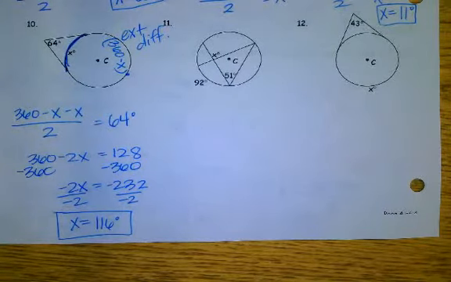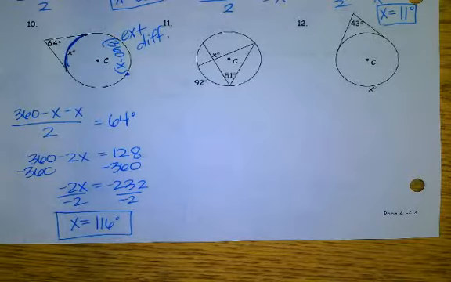Yes? Is it right if we add both of those x's to the other side? Like, how? What do you mean? So if we have 128 equals 360... Oh, yeah. So it's like 2x. So you would have 360 equals 128 plus 2x and subtract 128. Yeah, that's fine. Questions on that one, because that one's important.